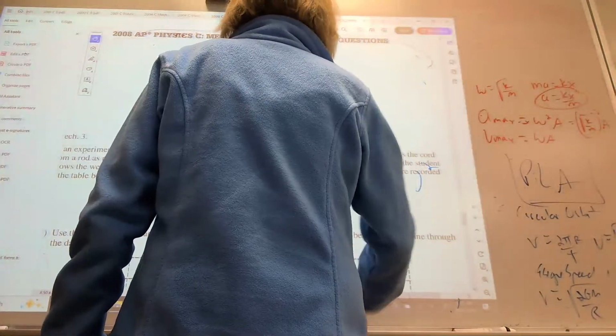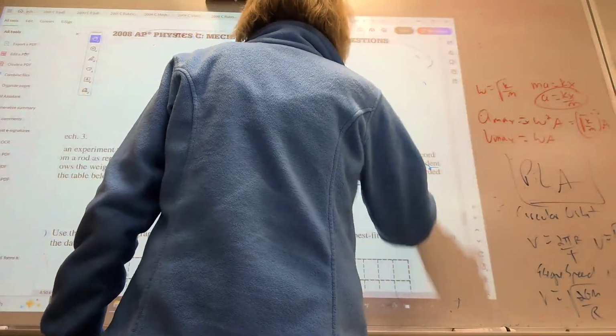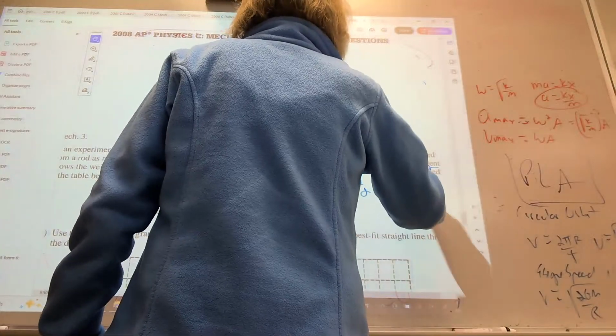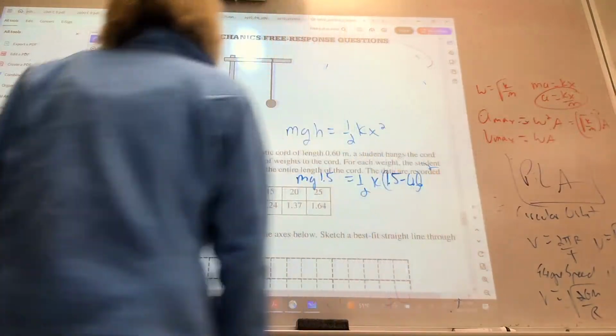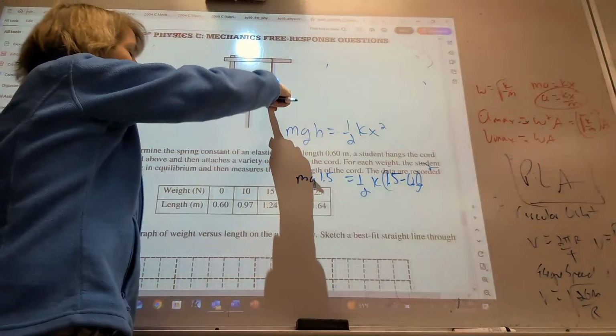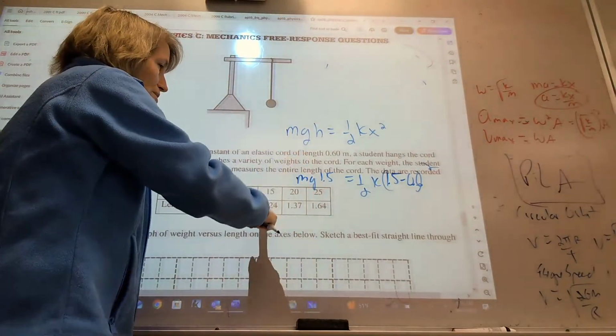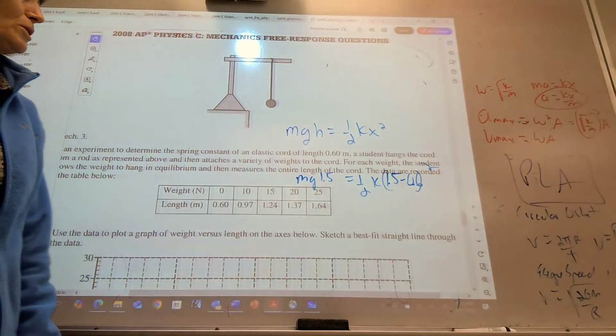Sorry, this is 1.5 minus 0.6. It kicks in at 0.6 and then it goes the rest of the way. 1.5 minus 0.6.